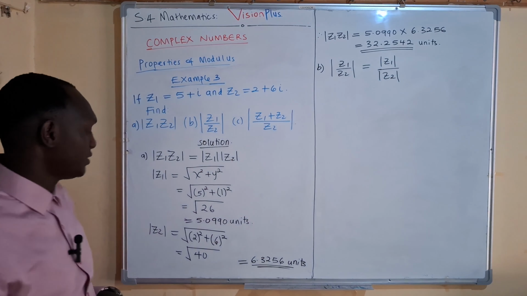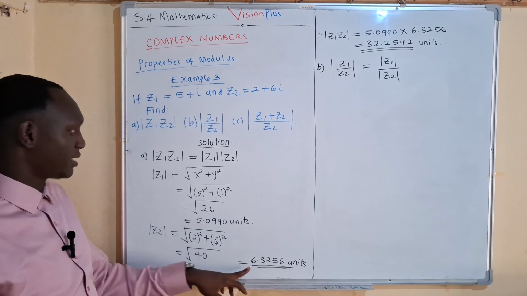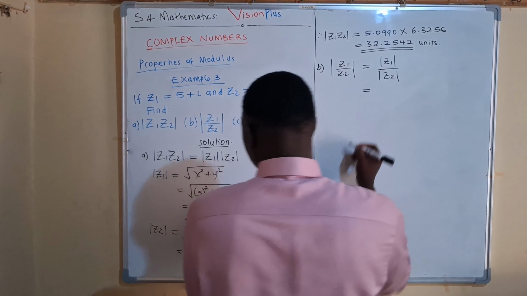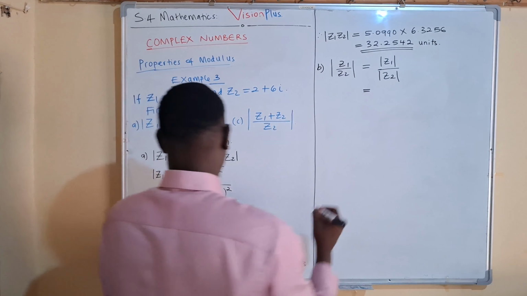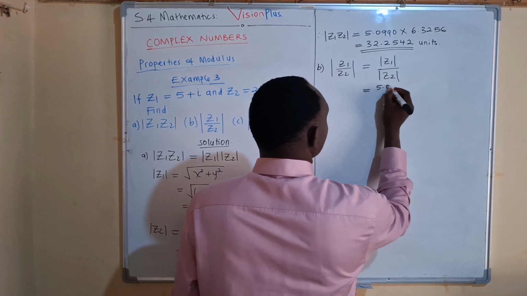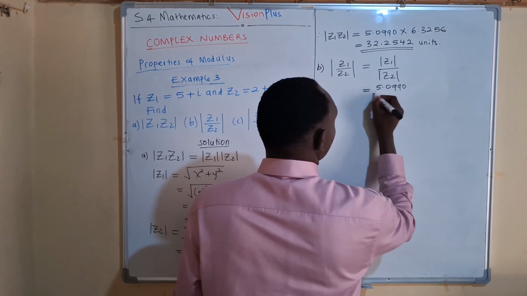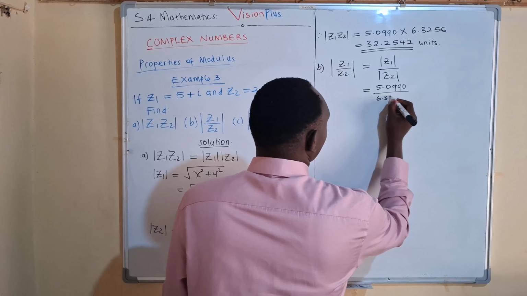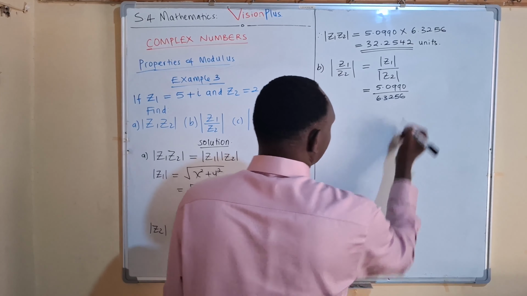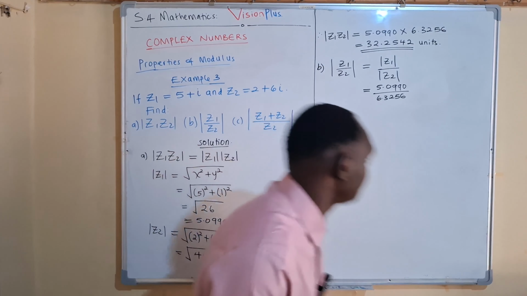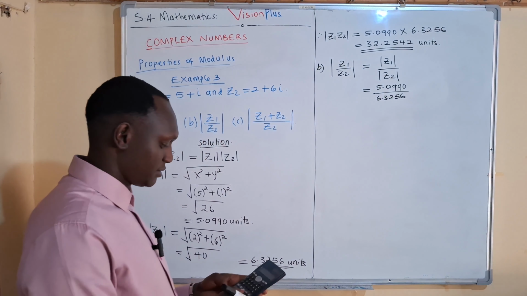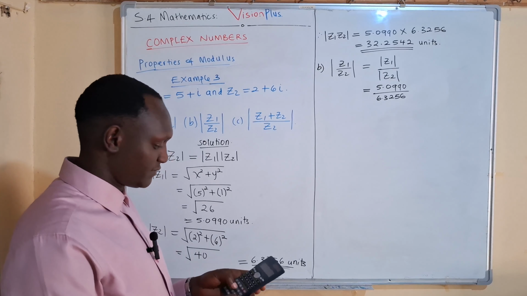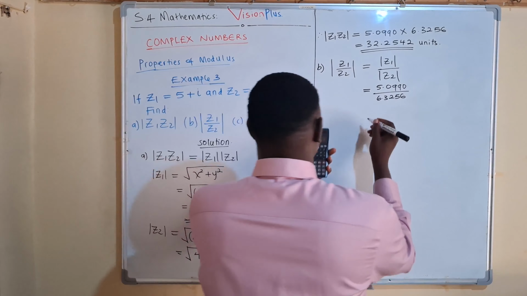And as you can see, we have the magnitude of z1 and the magnitude of z2. So what we can just do is divide. z1 is 5.0990 divided by z2, which is 6.3256. And then you press your calculator. 5.099 divided by 6.3256, which is 0 point something.